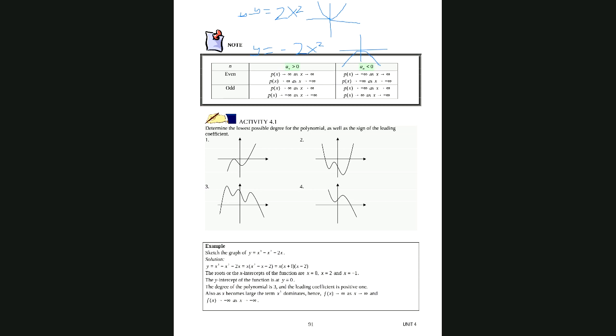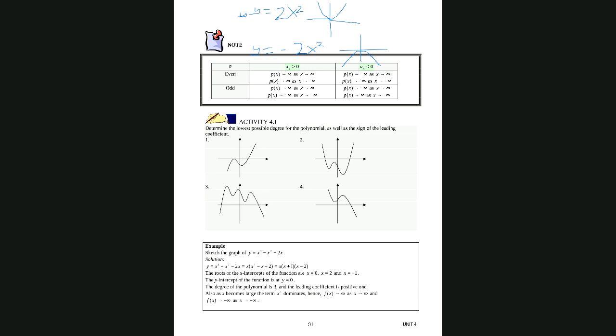Now, if your a is positive, for an even function, as x approaches positive infinity, your y will approach positive infinity, and as x approaches negative infinity, your y will still approach positive infinity.